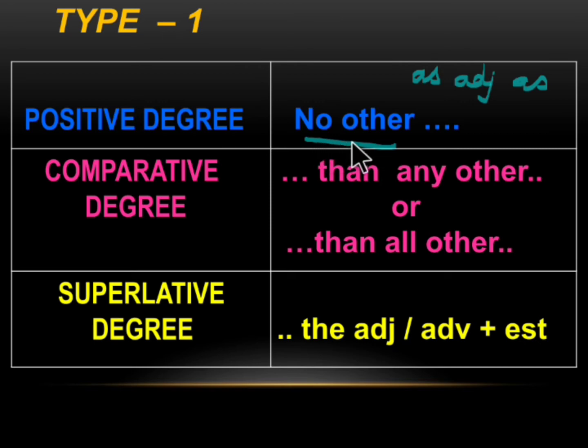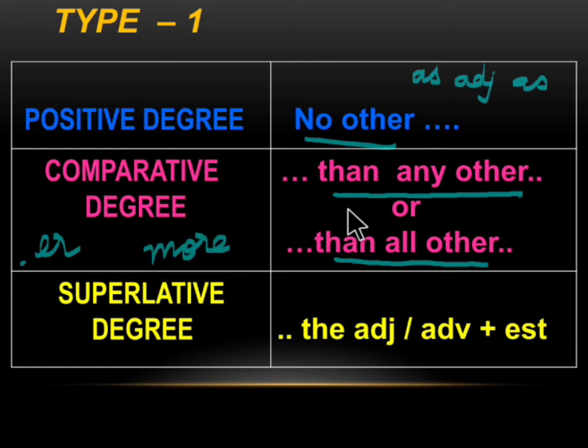If the positive degree begins with no other, in the comparative degree, we will have than any other or than all other. The basic rule that we learned in the previous video, that is ER plus than or more plus than is mandatory.